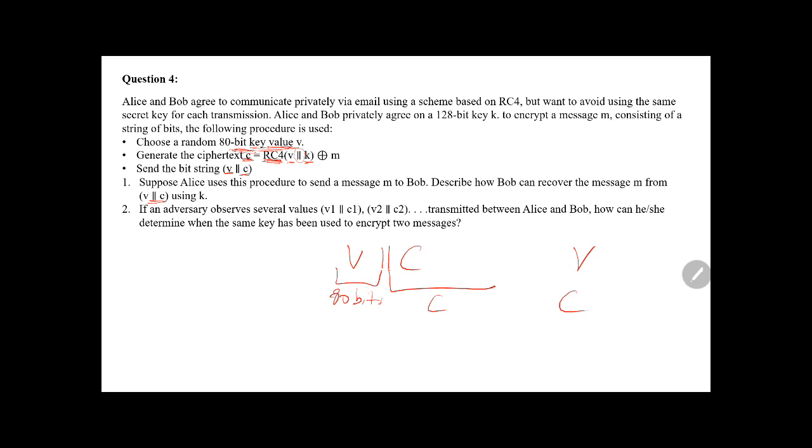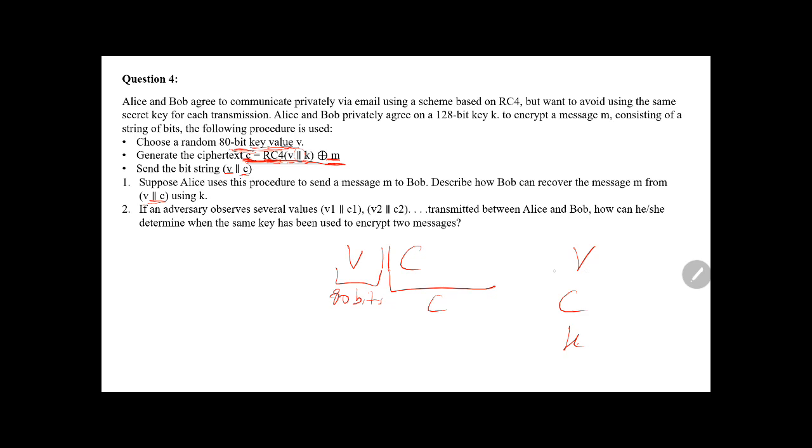So now he has V, which is the random secret key, and he has C, which is the ciphertext. Now what's left? Okay, and he has already the key K. So now he knows this algorithm. How can we use K, C, and V in order to get the message M? What do you think? Remember when we said that if we XOR something with something else and get an output, to reach the original message from the cipher, we XOR it with this thing.